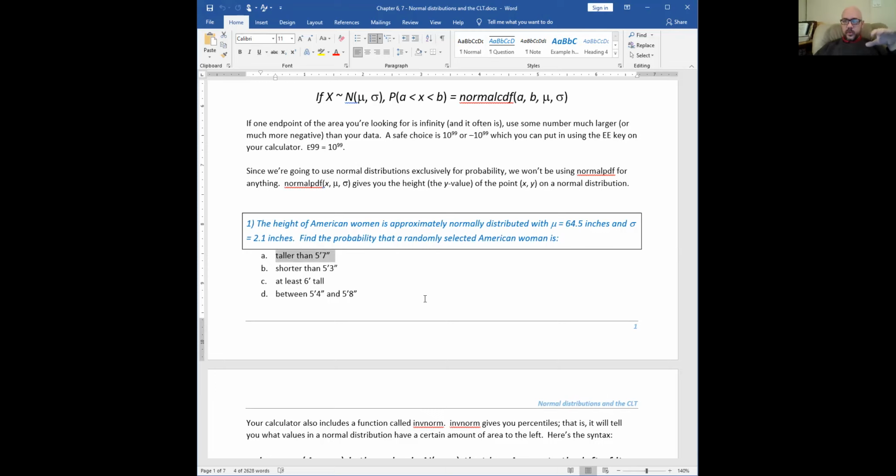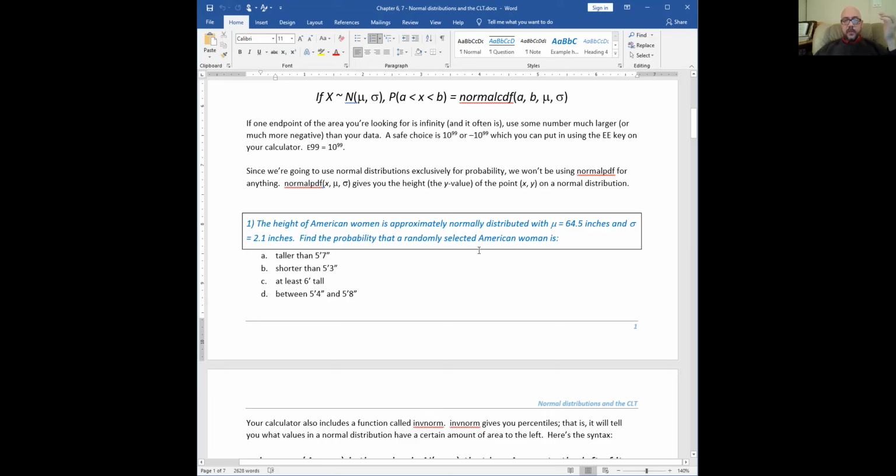There's no point at which we would stop, because, like I said, normal distributions go to the right and left forever. So for taller than 5'7", the first thing I'm going to do is turn everything into inches, because I gave mu and sigma in inches. 5 feet is 60 inches, because there are 12 inches in a foot, and 7 inches is 7 more, so that leaves me 67 inches.